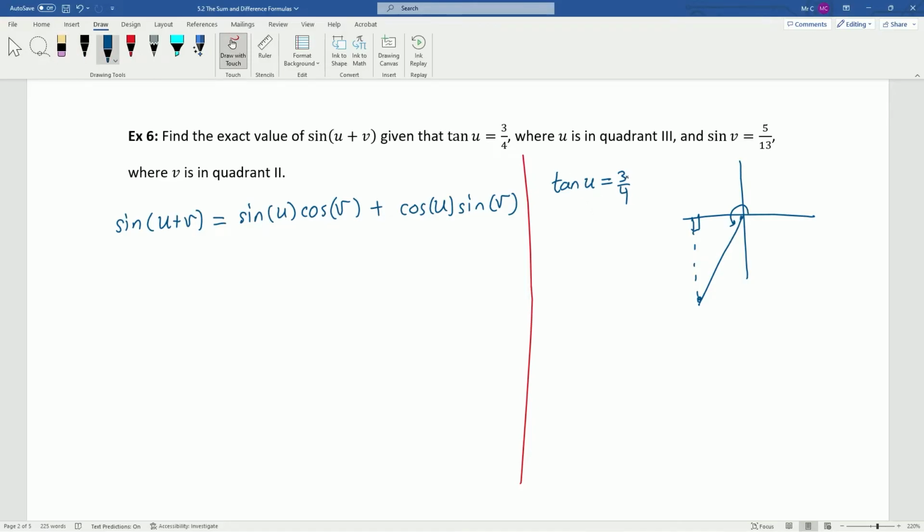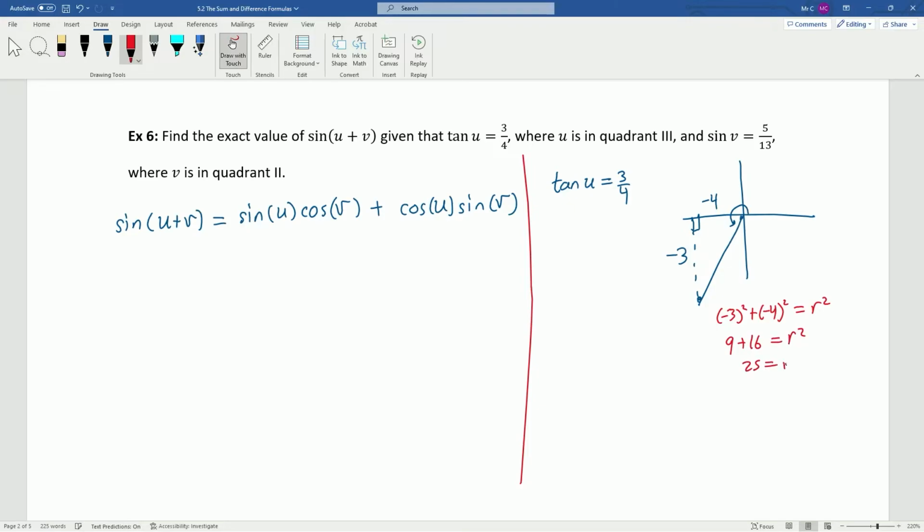then 3 is my y value, 4 is my x value, except we're in the third quadrant, so these should both be negative. Which is fine, because negative 3 over negative 4 cancels, gives us 3/4, so that's exactly what we'd expect. Okay, and so we do the Pythagorean theorem here. Negative 3 squared plus negative 4 squared equals r squared. So that's 9 plus 16 equals r squared.